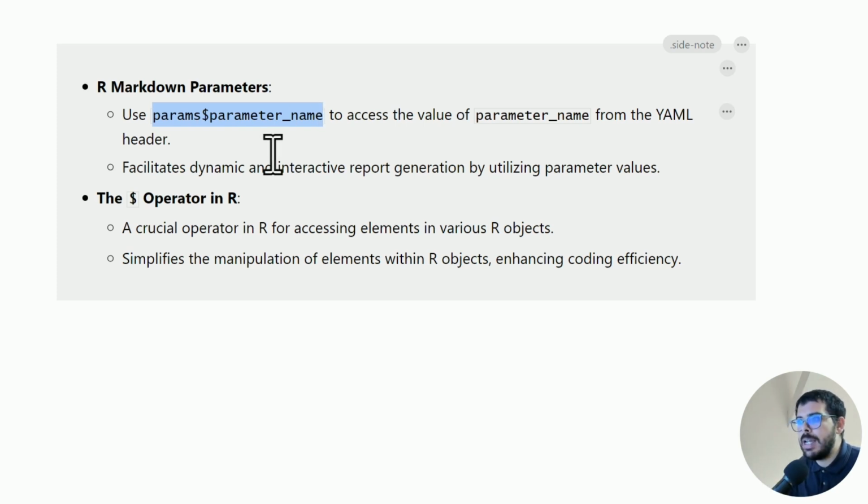The idea is to use the $, similarly to using it with a data frame or any R object like a list, for example. It's basically the same principle. We store a parameter somewhere in the header, and then we access that parameter with the $.